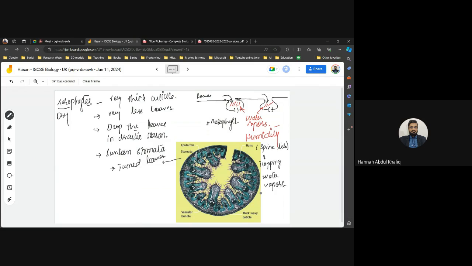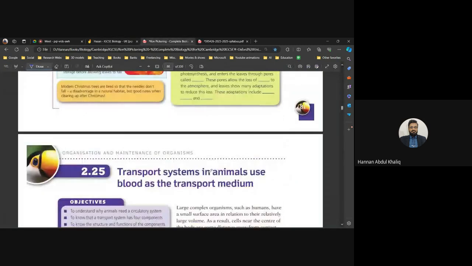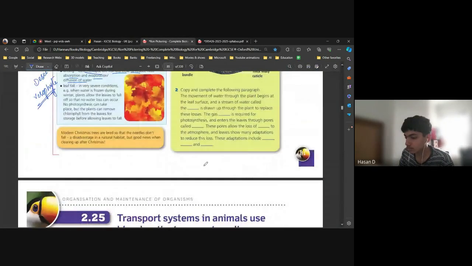And the stomata are also sunken. So all of these things are in favor of the xerophytic plant. These are called adaptations of xerophytes. Understood? Yep. Great.